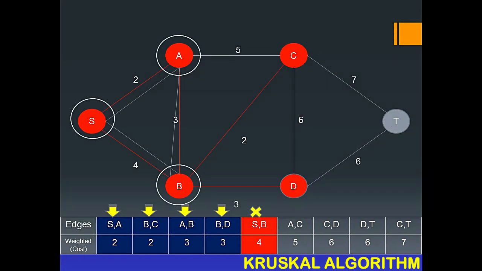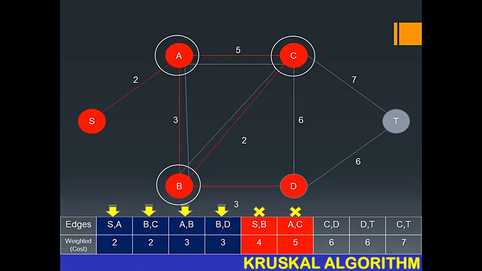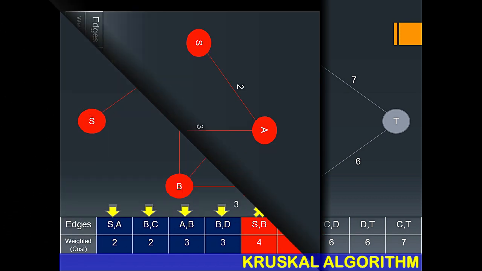In edge SB with a weight of 4, we notice that a cycle is formed, so we will not include it, else discard it. Edge AC with a weight of 5 also has a cycle. We will not include it, else discard it.